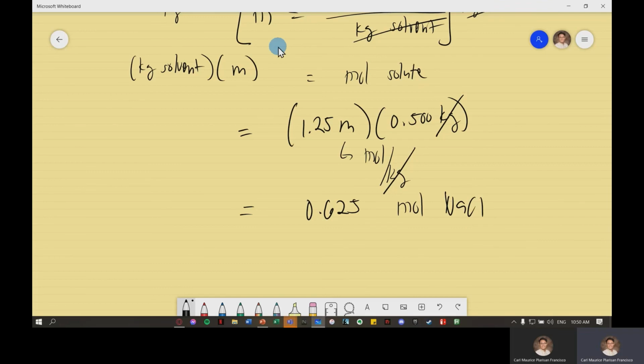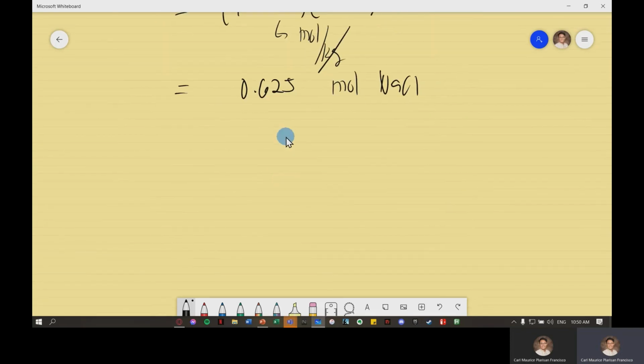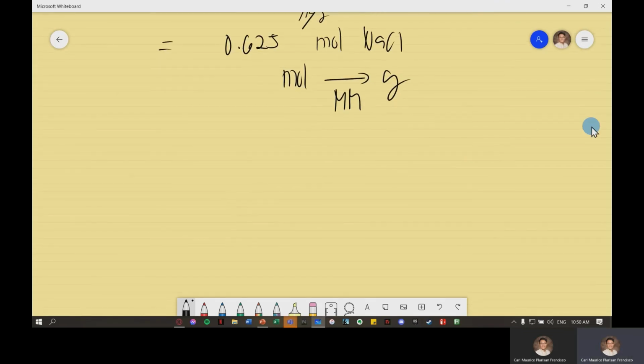Now, since the problem requires grams, I need to convert the unit mole into gram via molar mass. Since there is no provided molar mass for sodium chloride, I need to compute that from scratch.